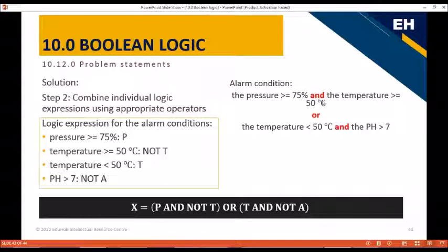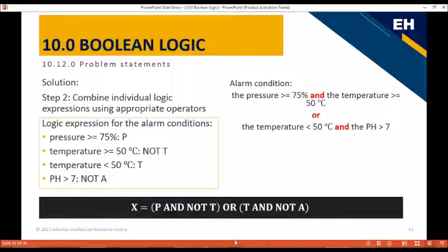So we are working on the AND gate. So what is this? Pressure greater than or equal to 75 is P. We have P and we have AND, okay, and that is why we have AND here. The temperature is greater than or equal to 50. Where is it? Temperature greater than, we have not T. So we have P and not T.